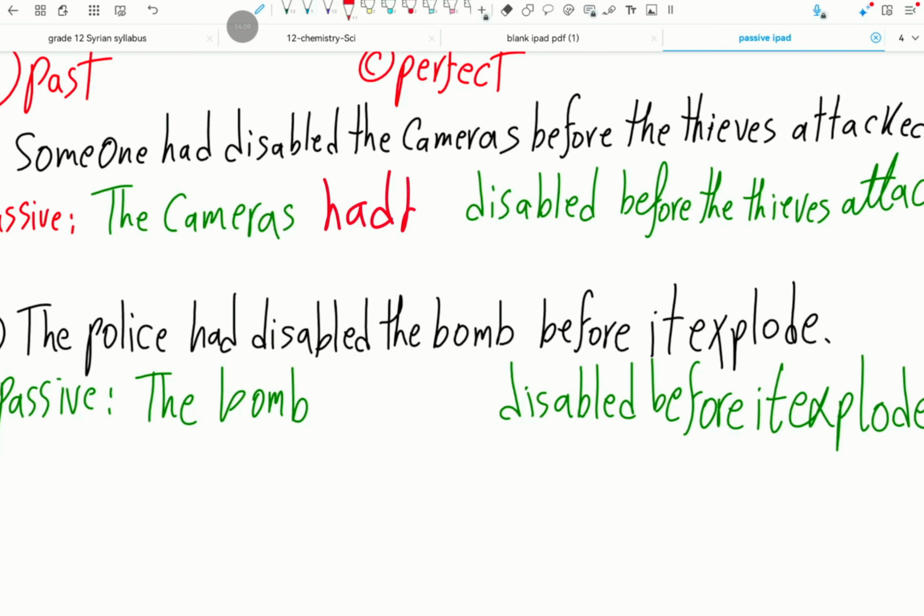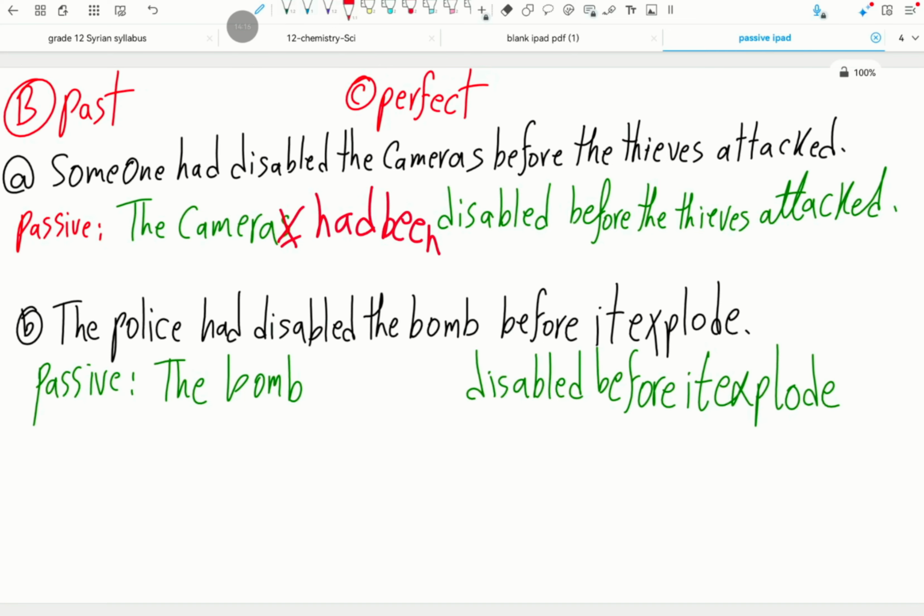The cameras had been disabled. If it's one camera, it is also had been. For example, in present perfect, we have has or have.